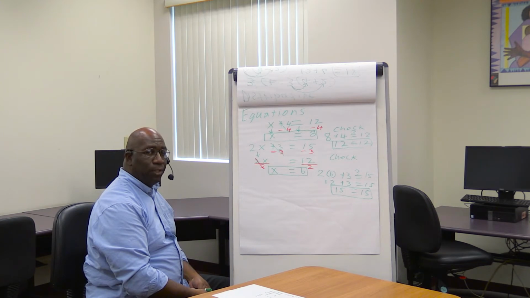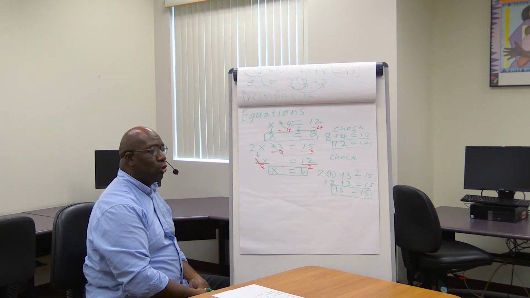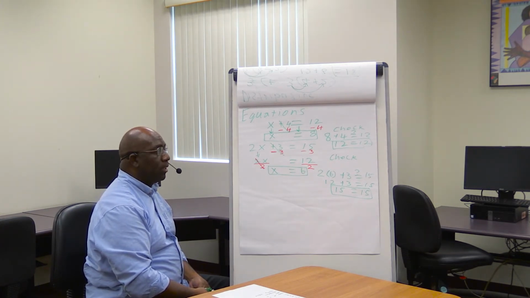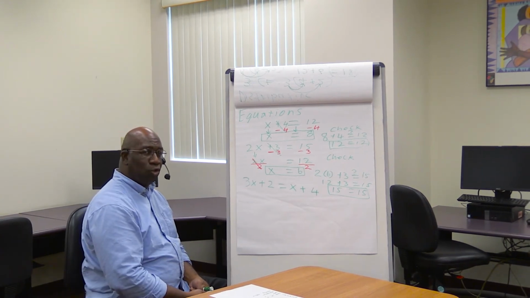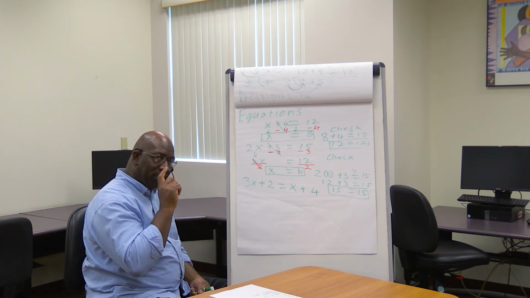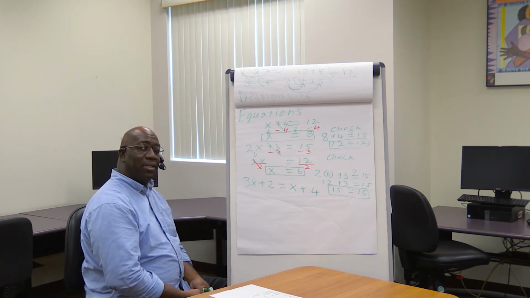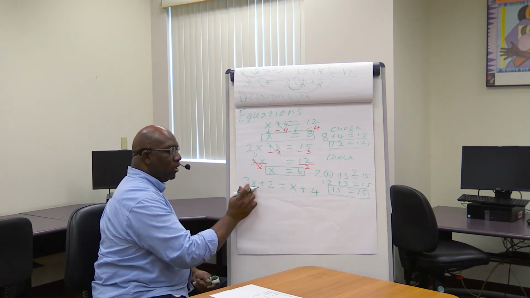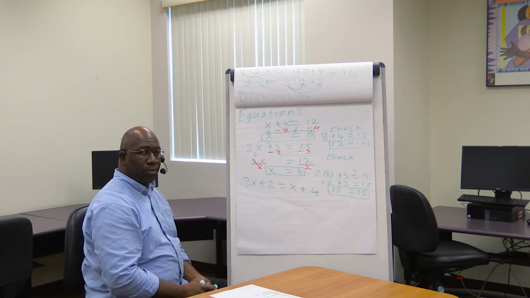Please remember, whenever you solve an equation, it is important that you check to make sure that you've come up with the correct answer. Here is another equation that we're going to solve. This one gets a little bit more involved because now, if you notice, I have an x on both sides of this equation.